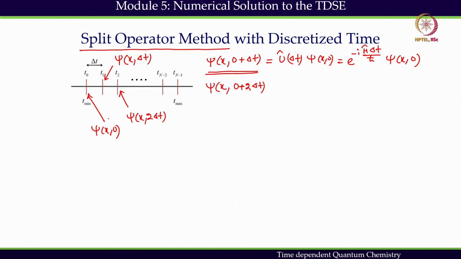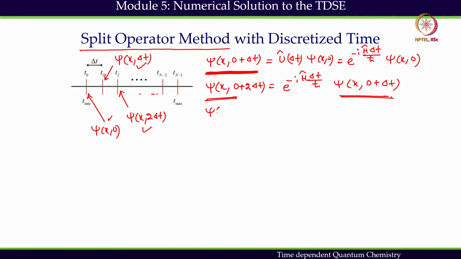The wave function was initially here, then it is like this, then like this, and so on. It will keep propagating in time, and that is what we are writing here. So, this is going to be e to the power minus i H delta t by h cut, then here I will write psi x, 0 plus delta t. This has now become the initial wave function for the next step of propagation.